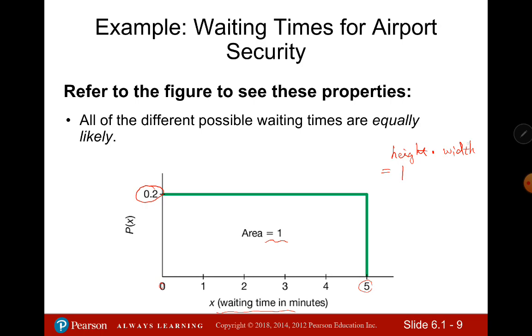And we know the width is 5, from 0 to 5. Of course, we can get the height is 1/5, right? That's how we get 0.2. That's how we get the height here, because this is the probability.